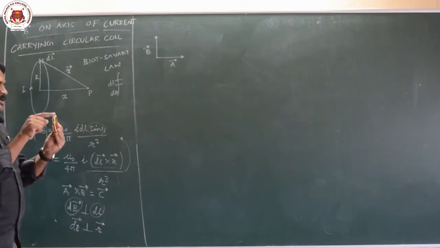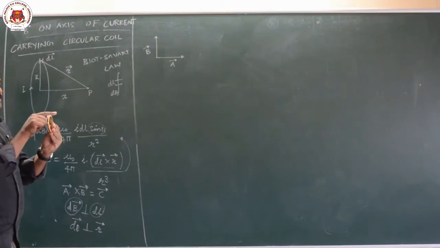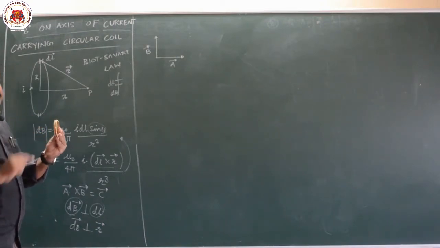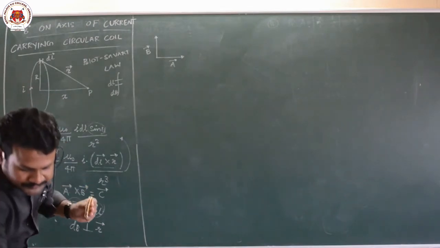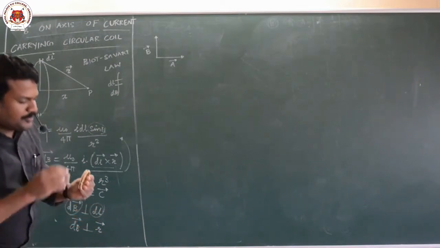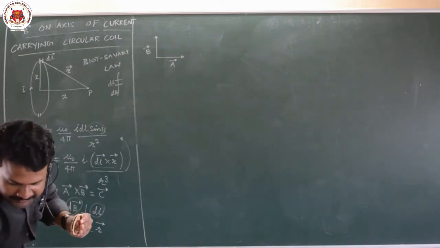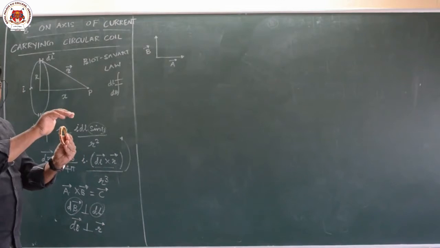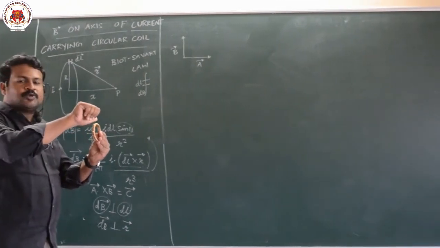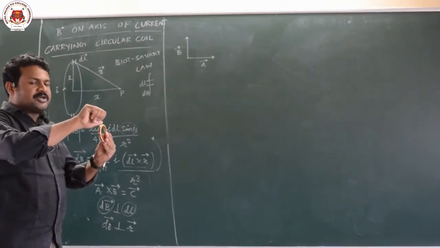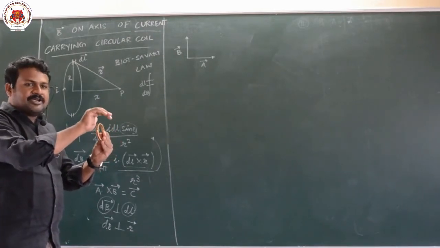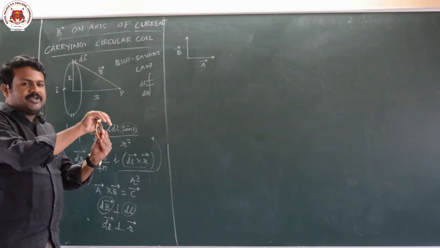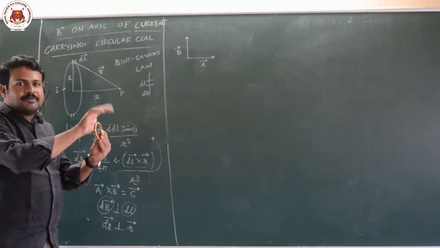When you are taking direction of DL like this, now you have to hold the wire, hold it in such a way that the thumb is towards the direction of current and the curled fingers will give the direction of magnetic field.